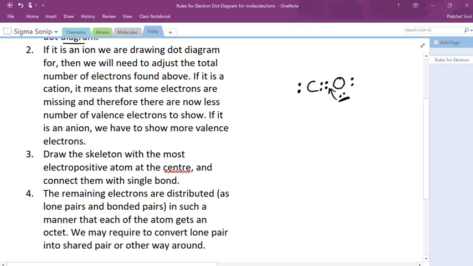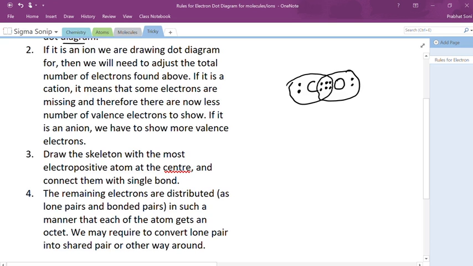So I clean that up, and these 2 electrons I clean as well, and I put them here in the middle so that they are shared electrons. What I've done is converted 2 lone pairs which I had on oxygen in the beginning into shared pairs between carbon and oxygen. And now I see that I have 8 electrons for carbon and 8 electrons for oxygen, using 10 electrons.